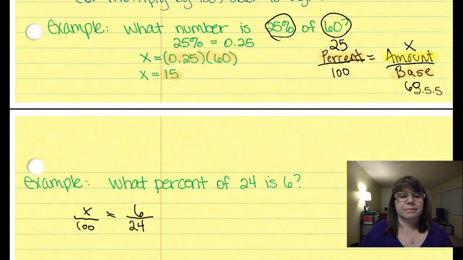Now what I need to do is undo what's happening. So right now, to the x, I need to multiply both sides by 100. That gets rid of my 100. Okay, so now I am left with x equals 600 over 24, and I can reduce that. 6 goes into 24 4 times, and 6 goes into 600 100 times.